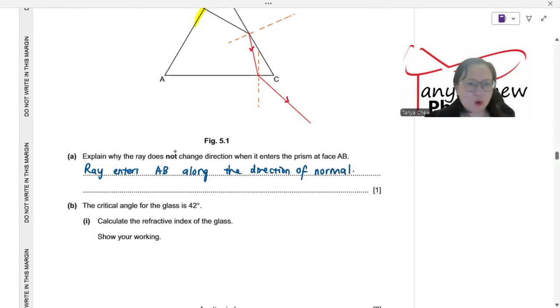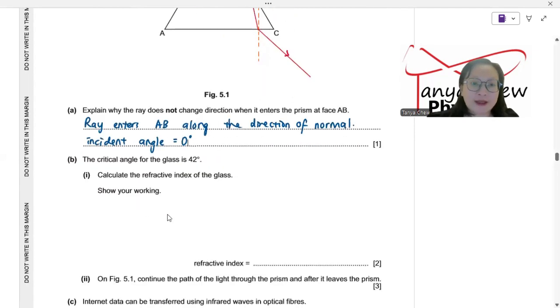So why does the ray enter the face AB along the direction of normal and the direction does not change? It is due to incident angle equals 0 degree. So that is why the direction would just go straight.